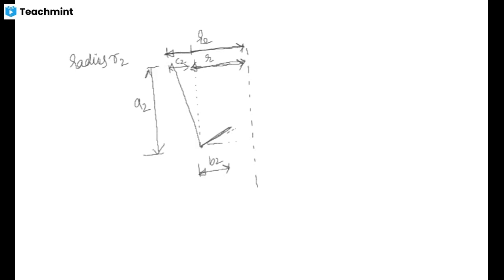Now again, if you consider the forces, you are going to get the centrifugal force, this is F2. Here you are going to get mass into acceleration due to gravity, and here you are going to get Mg plus Fs2 plus f, all divided by 2.